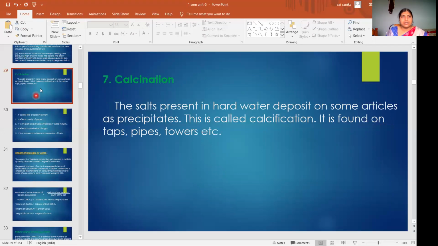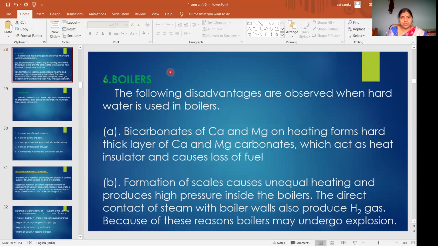In disadvantages of using hard water in boilers, there is one more point: corrosion of boilers takes place. I forgot to write that point. How will corrosion take place if chloride salts are present in hard water? Here we use very high temperatures.